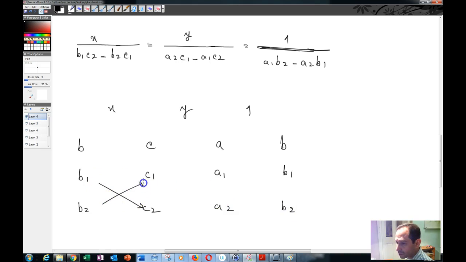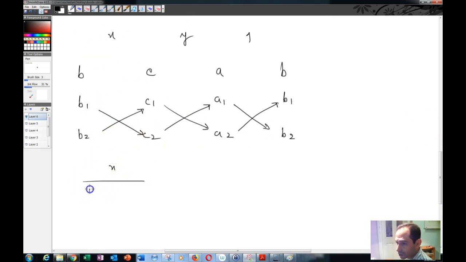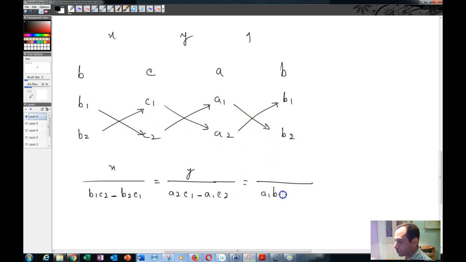And then this way you can cross multiply and get these three relationships here, meaning that you can write x over, for example, b1c2 minus b2c1 is equal to y over a2c1 minus a1c2, and then again you can write 1 over a1b2 minus a2b1.